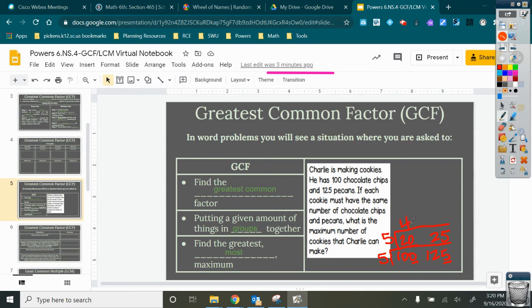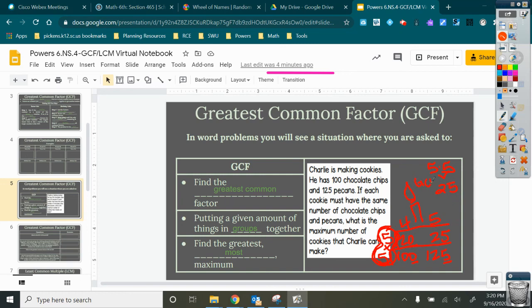So 5 times 4 is 20, and 5 times 5 is 25. Now, 4 and 5 do not share a common factor other than 1, so I'm ready to put my candle on my cake and multiply my two factors that I factored out by each other, 5 times 5, and that gives me 25 as my GCF.